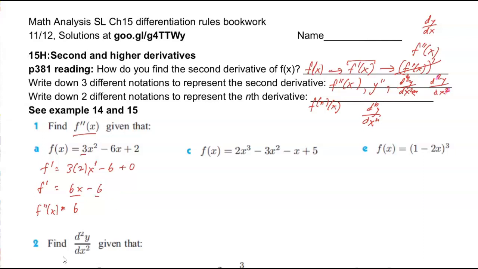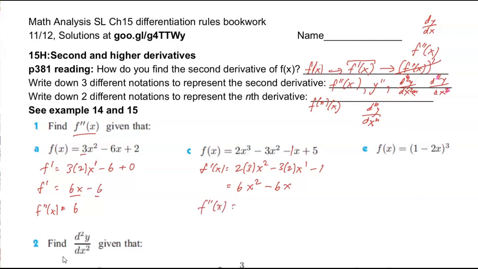Let's take the first derivative of this function. It's 2. Bring down the 3. Reduce it by 1. Leave the negative 3 there. Bring down the 2. Reduce it by 1. Derivative of negative 1x is negative 1. The derivative of 5 is 0. Let's simplify. It's good to simplify because then it's easier to take the second derivative.